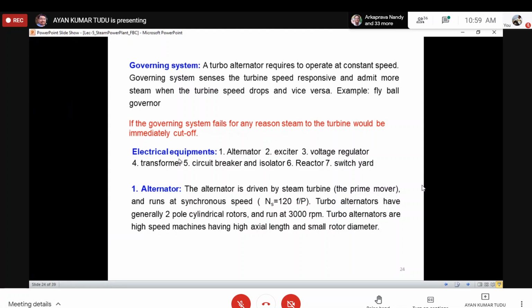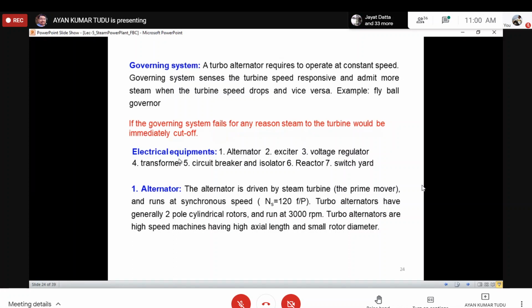So what is happening is that if the governing system fails for any reason, the steam to the turbine must be immediately cut off. Actually, we can think of the system in this way. Whenever there is an increase in load, suppose we have to supply more amount of electricity to a particular load.